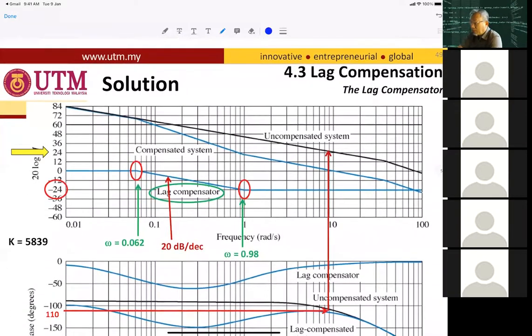So in the lag compensation, what we will do is design the lag compensator where the high frequency is 0.98 and the low frequency is 0.062, with a slope of minus 20 decibel per decade.